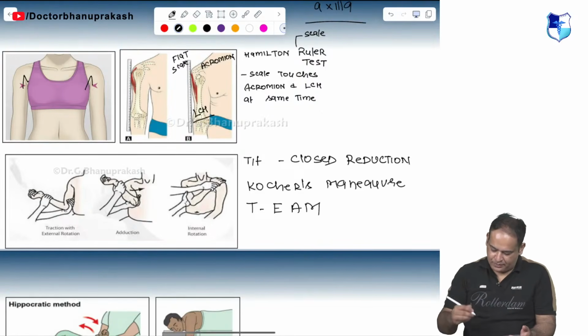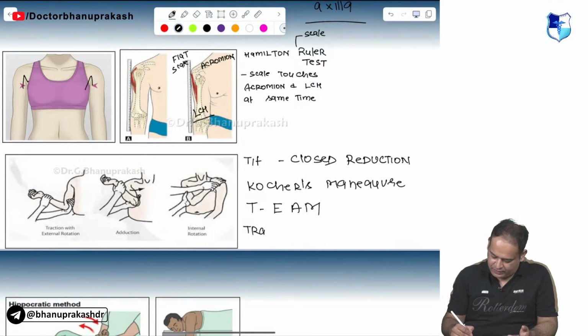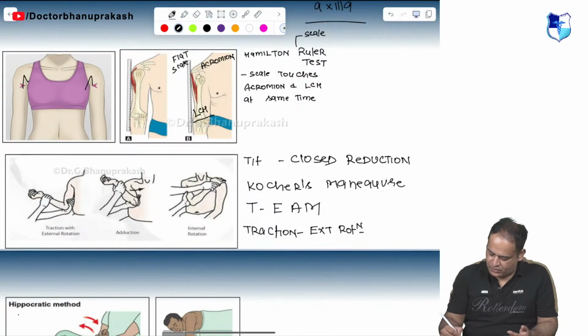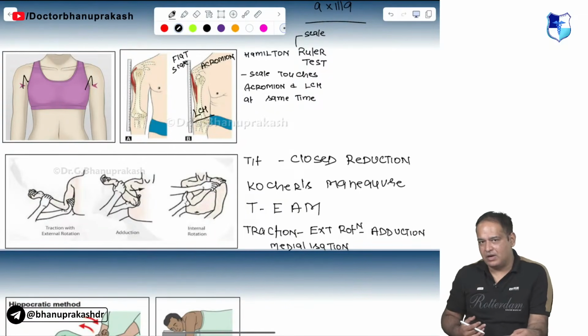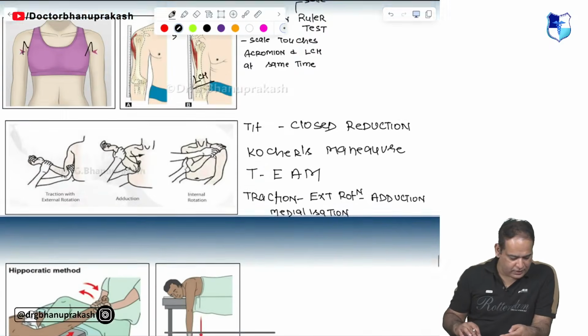Fine? TEAM. So team is traction, external rotation, adduction and medialization. Medialization means internal rotation, that is a mnemonic.